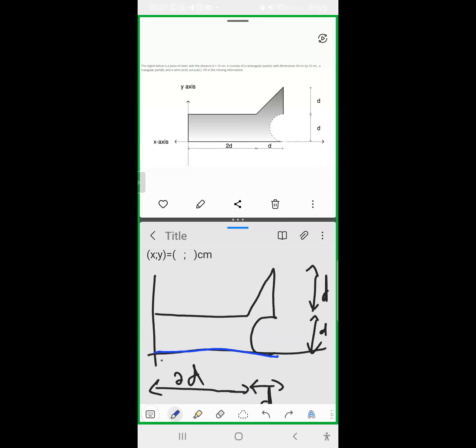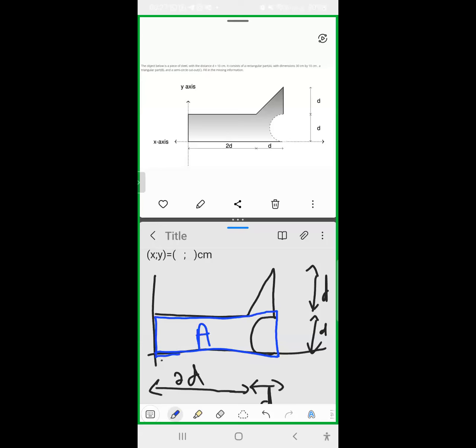And when we go up, this is only 10 centimeters, since it is D. Therefore, the rectangular part they are referring to is this one, and it is labeled A.